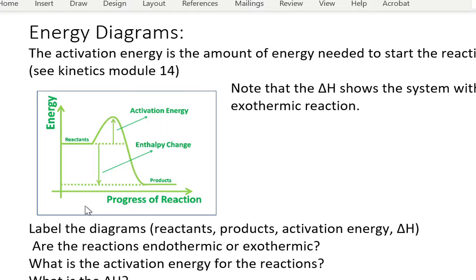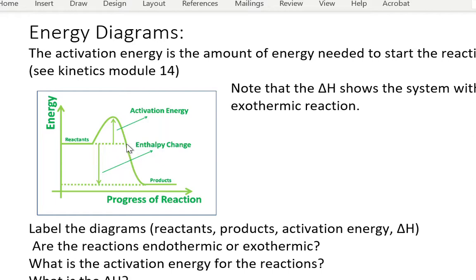In order for any reaction to happen, you have to break the bonds of your reactants, and there is a certain amount of energy that's required to break those bonds. If you don't have that much energy, then no reaction occurs. An energy diagram shows reactants at one level of energy, and we don't have to put a value there, but you have to add a certain amount of energy in order to break the bonds.